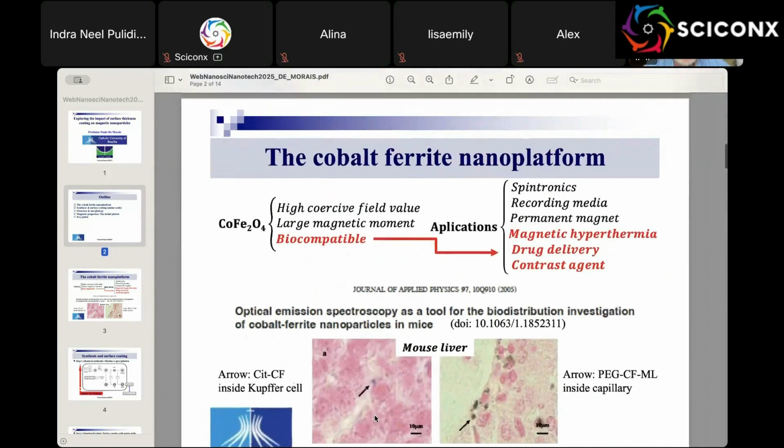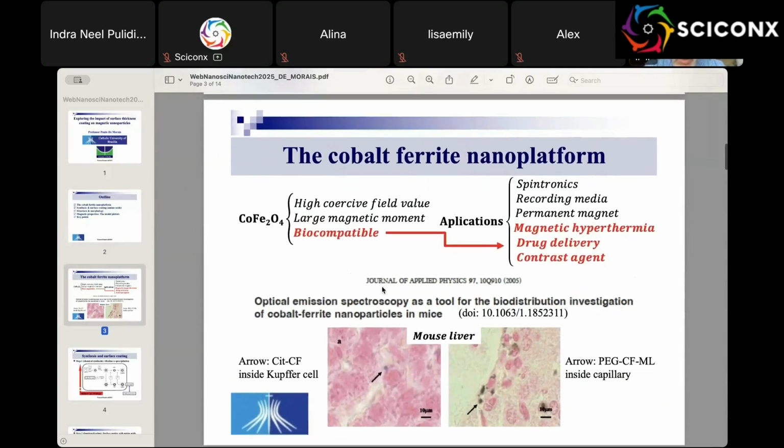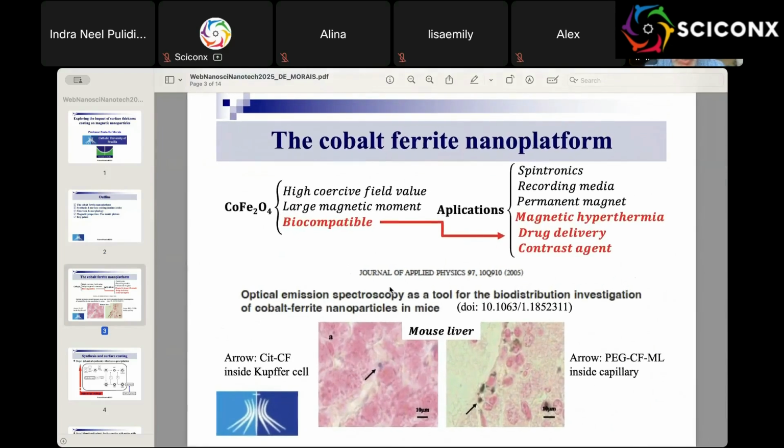Here, on the upper part, you can see some important points regarding cobalt ferrite nanoparticles. This material has a very high coercive field value and a large magnetic moment, and surprisingly, it is also very biocompatible.